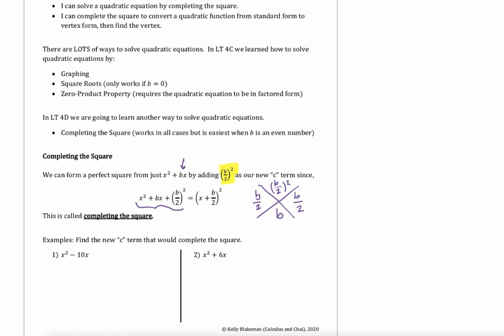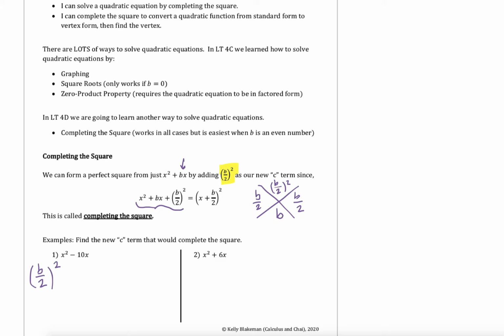Before we jump into some examples where we actually solve for x, I want us to just practice finding this new c term and using that to complete the square. So our new c term again is this b over 2 squared. Let's look at example 1. We have x squared minus 10x, and we want to compute b over 2 squared for this quadratic.